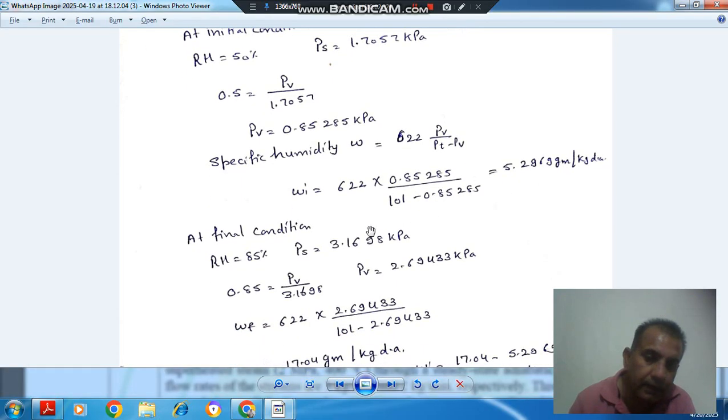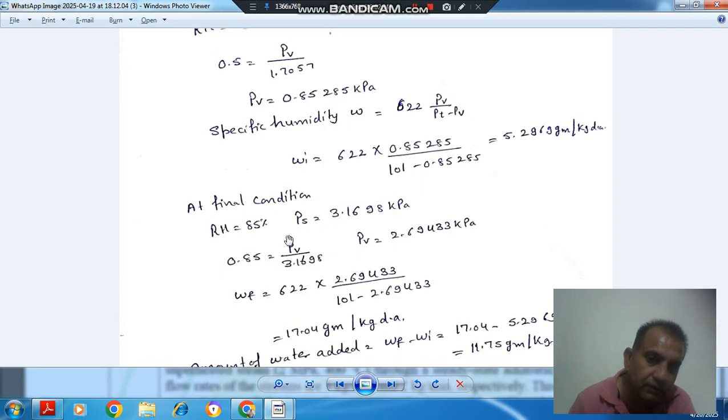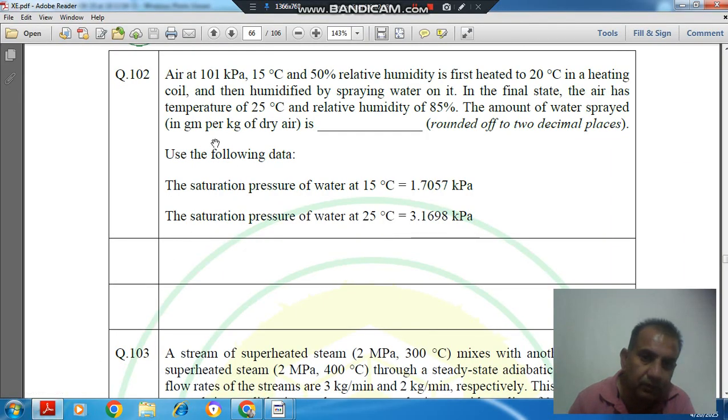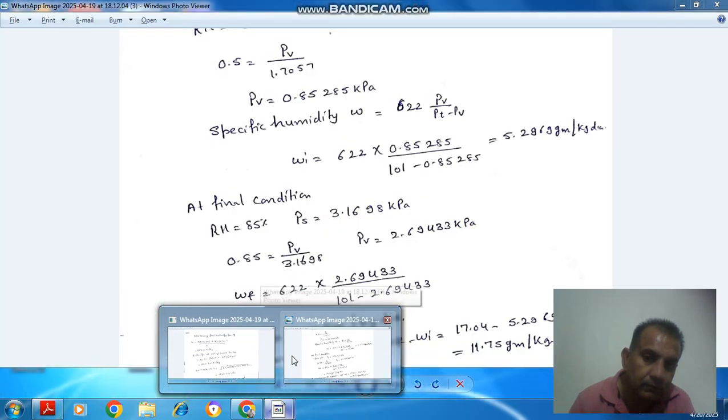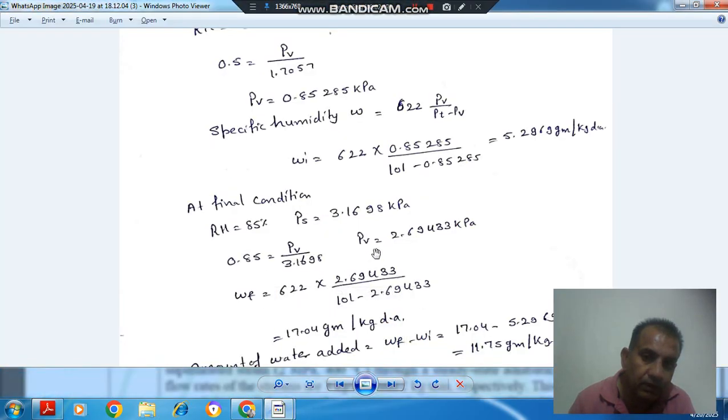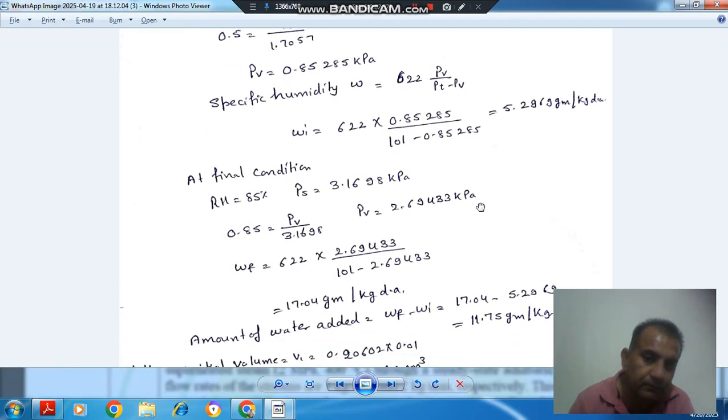Okay. And at the final condition the relative humidity is given as 85% and the temperature is given as 25 degrees Celsius, and corresponding to that temperature the saturation pressure is 3.1698. So PV comes out as 2.69433 kPa.